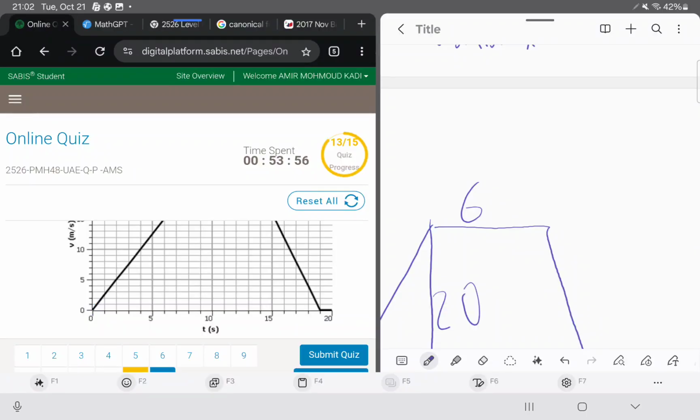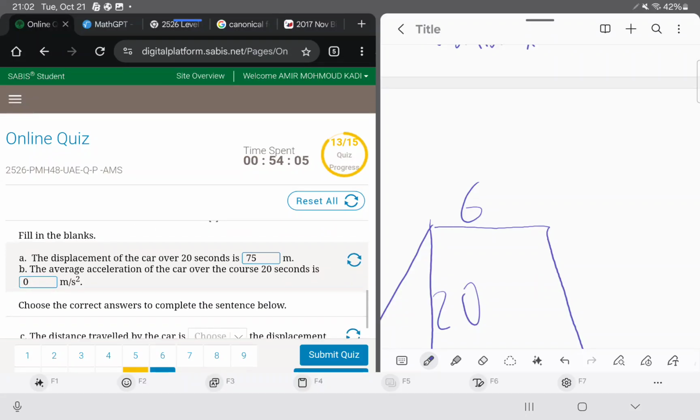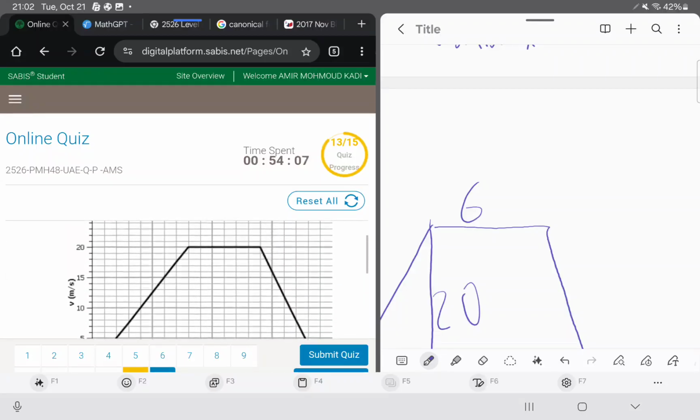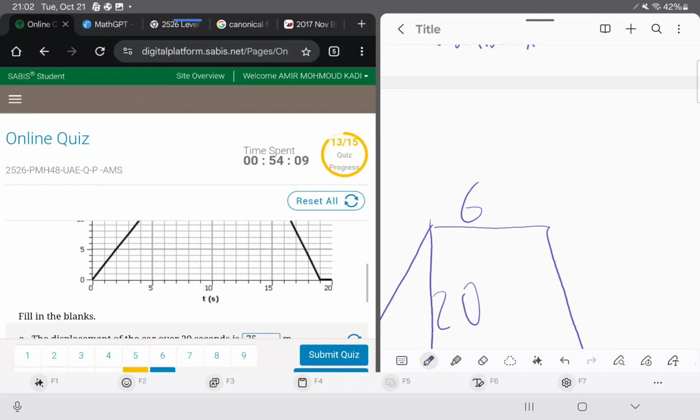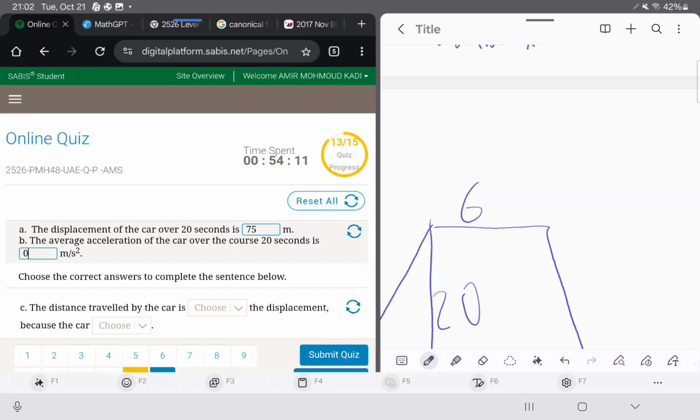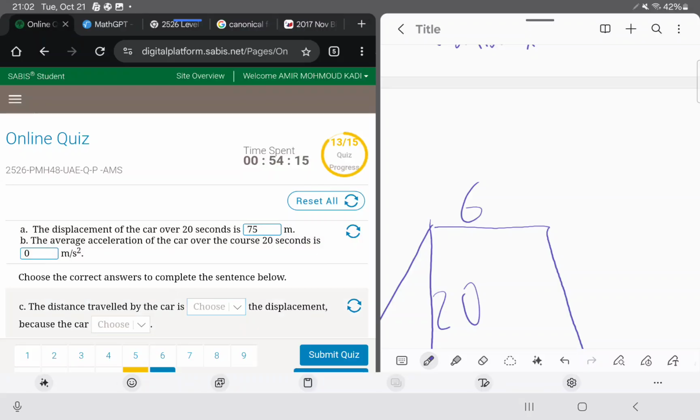Over here, the final velocity is the same as the initial velocity. So when they subtract each other, it's 0, making the acceleration 0. So once they meet the same axis again in the VT graph, then the average acceleration is 0. Not the average velocity, but the average acceleration.